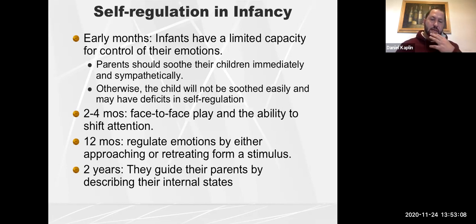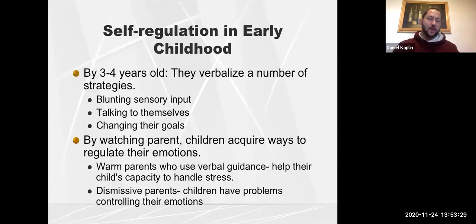And then by 2 years old, they have the capacity to shape the emotions of their caregiver, their parent, based on their internal state. So they went from the early months of being soothed and consoled on their own to, by 2 years old, shaping the emotions of another person.